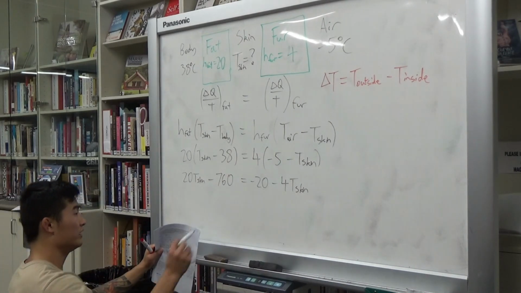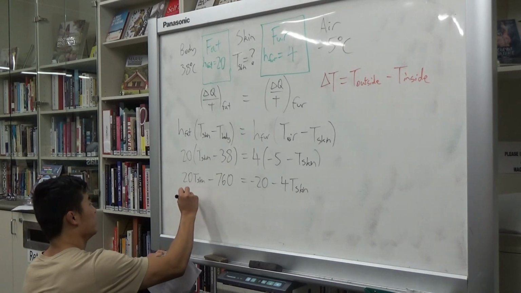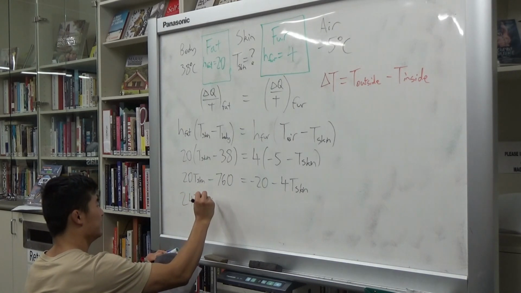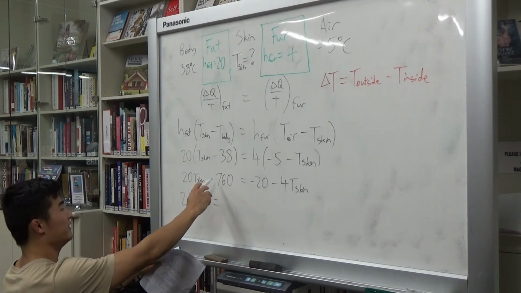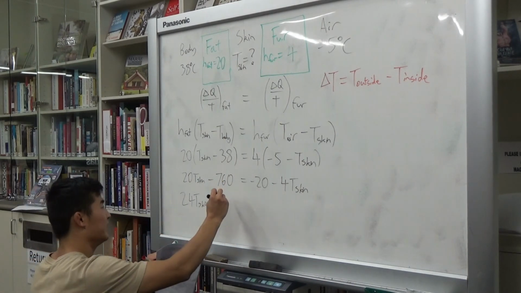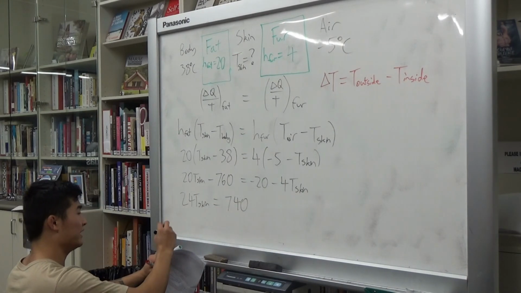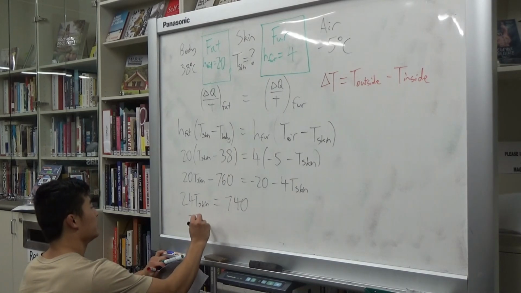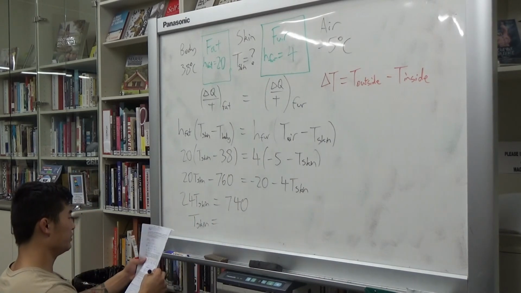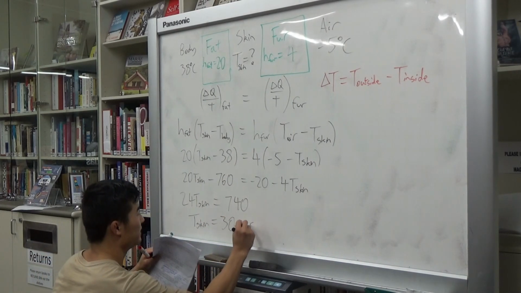And then we're going to add 4 T skin to this side, so that's 24 T skin. And then we're going to add 760 to this side, so that side's going to be 740. Okay, and then divide both sides by 24. So T skin is equal to 30.8 degrees Celsius.